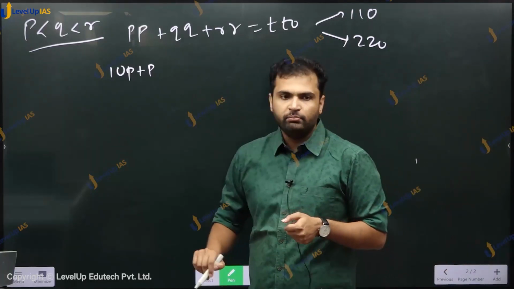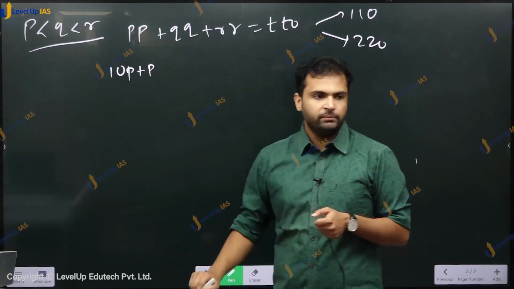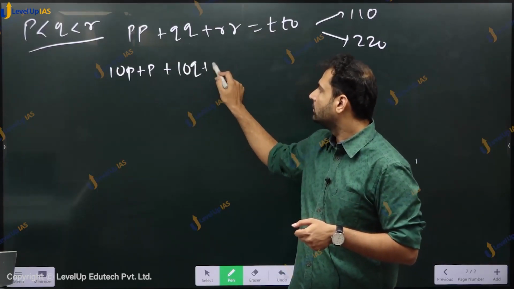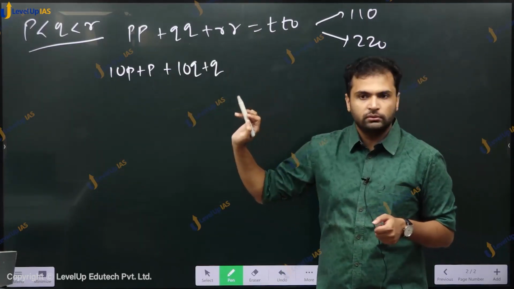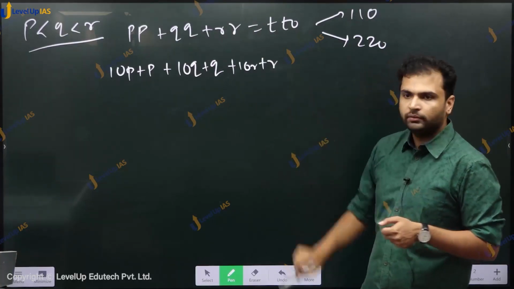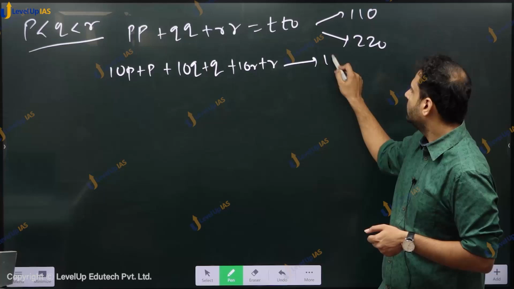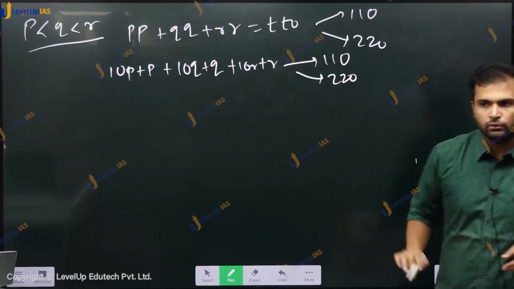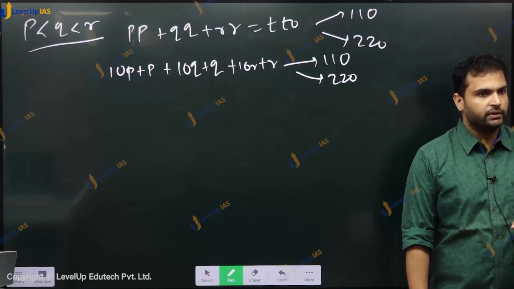So I write PP as 10p plus p, QQ as 10q plus q, and RR as 10r plus r, and the sum is either 110 or 220. Those are separate cases that we'll consider separately.